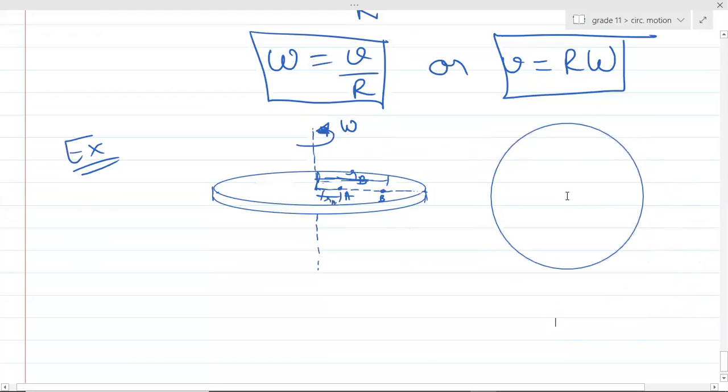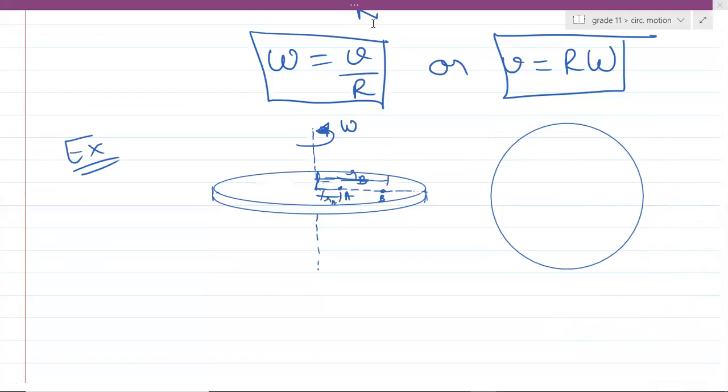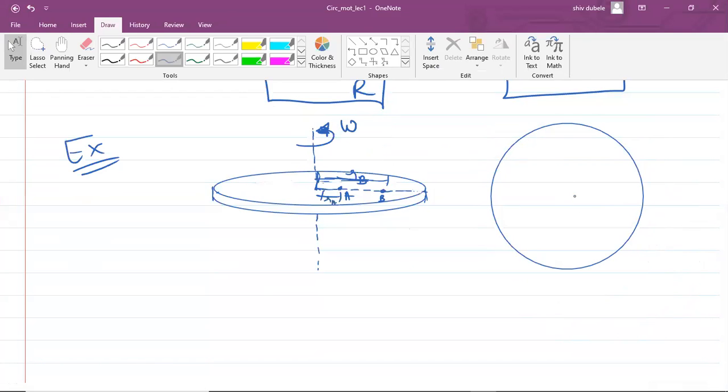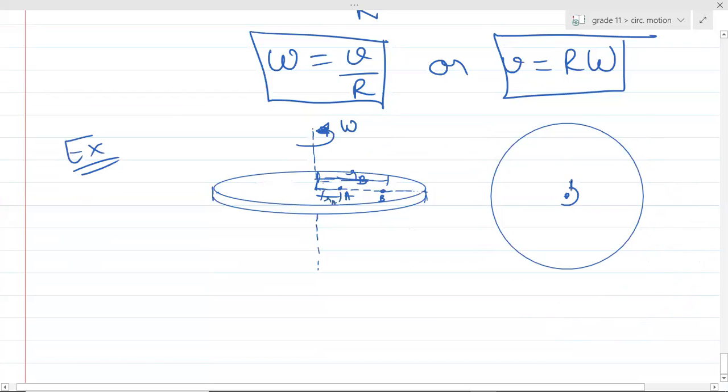If I draw the top view, then this particular disk is rotating about this center with the angular velocity omega, and there are 2 points A and B.